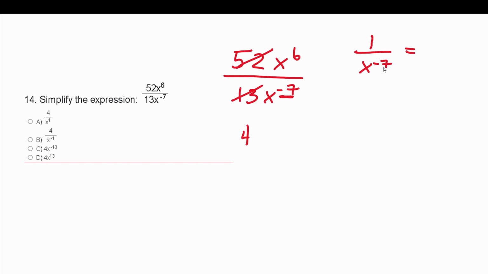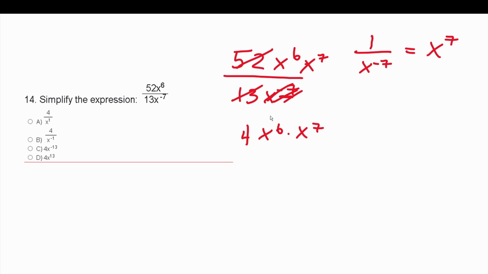So 1 over x to the negative seventh is the same as x to the 7. Okay? So if we rewrite this, this becomes x to the sixth times x to the seventh. Again, technically, that exponent, since it's negative, should move this to be x to the seventh like that, and you can disregard it down there now.